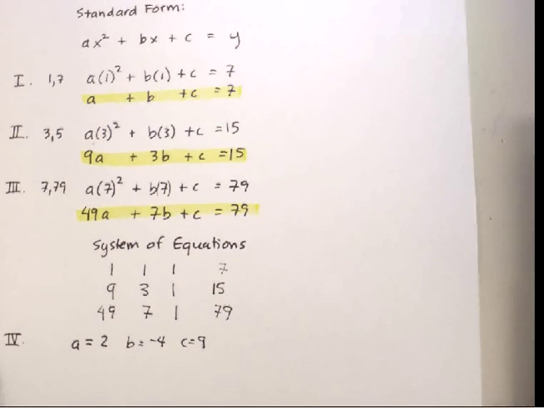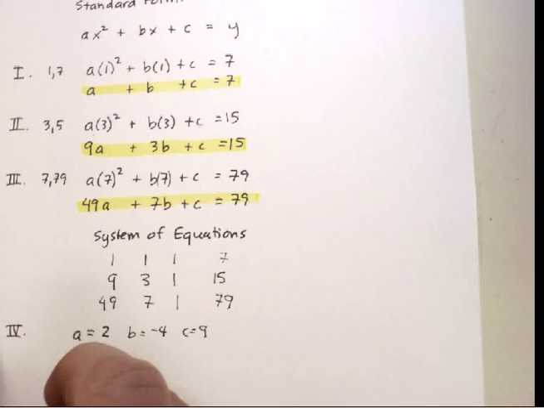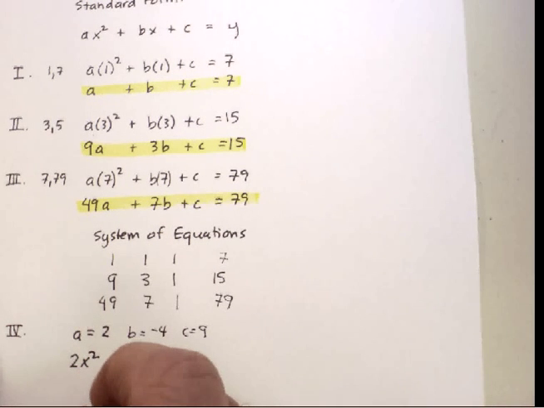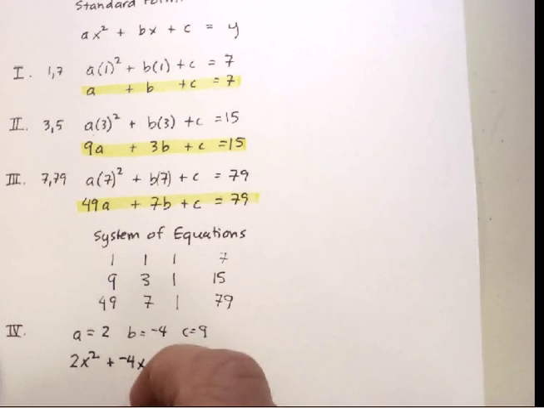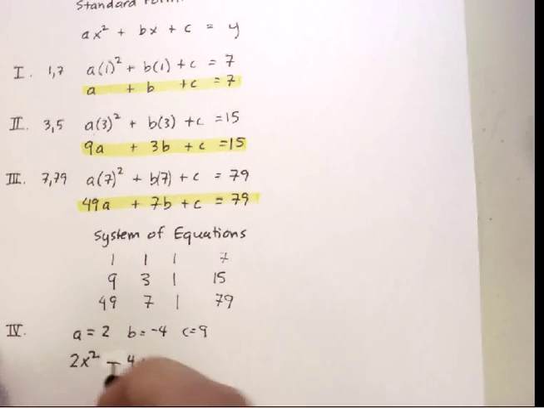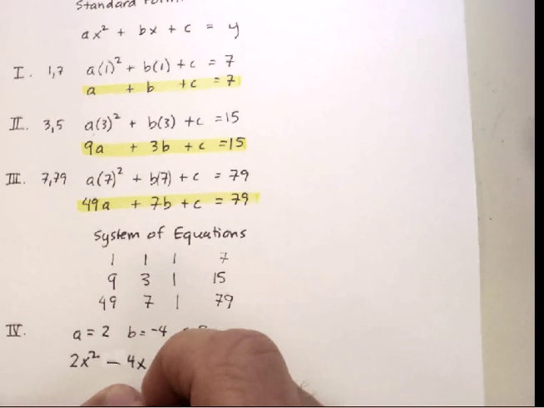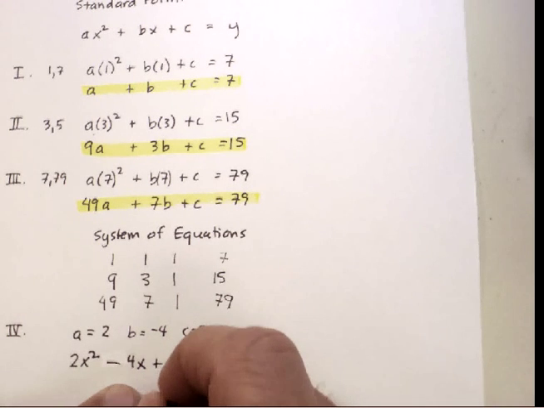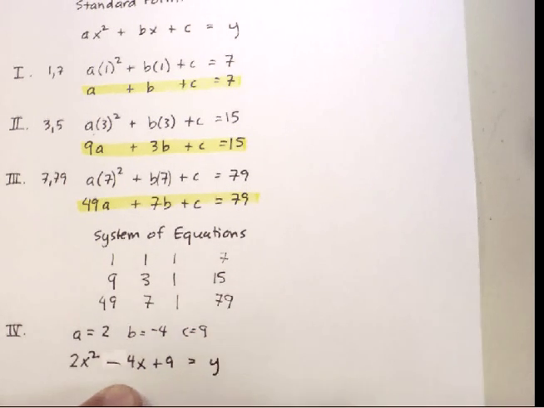Now if we were to put that into standard form, we are going to get 2x² minus 4x plus 9 is equal to y.